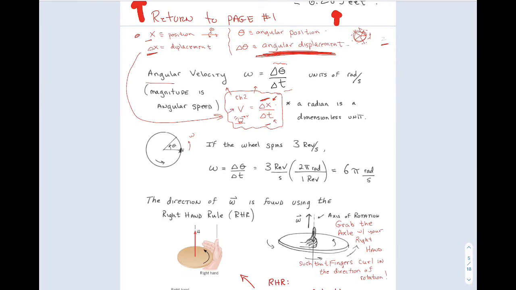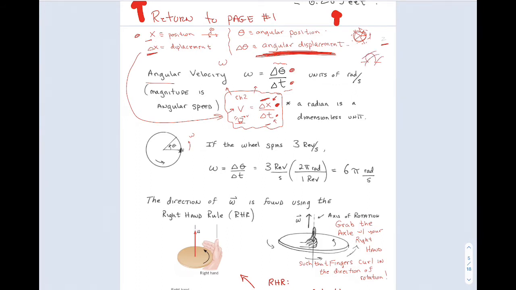The v in chapter 2 was velocity. Making the connection between displacement over time from chapter 2, now it's angular displacement divided by the time. For that angular velocity, we use this letter omega. That's a small omega, and that's a capital omega.